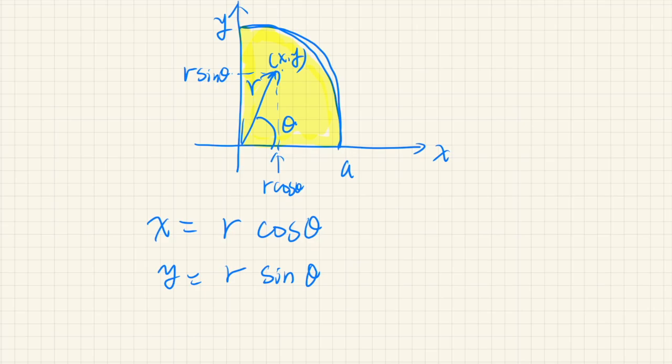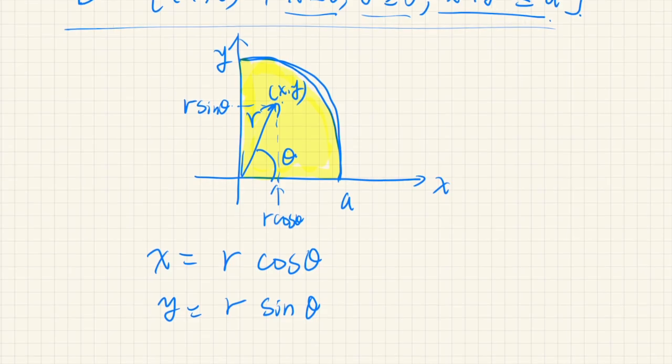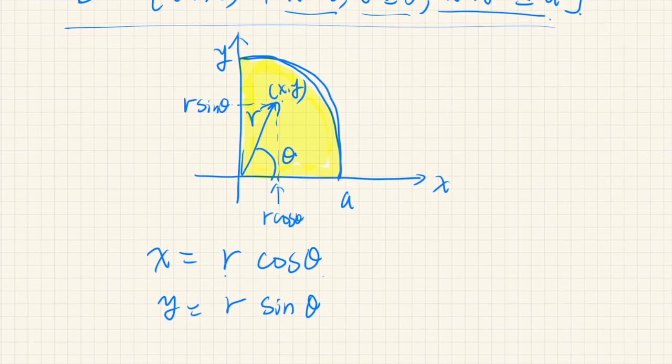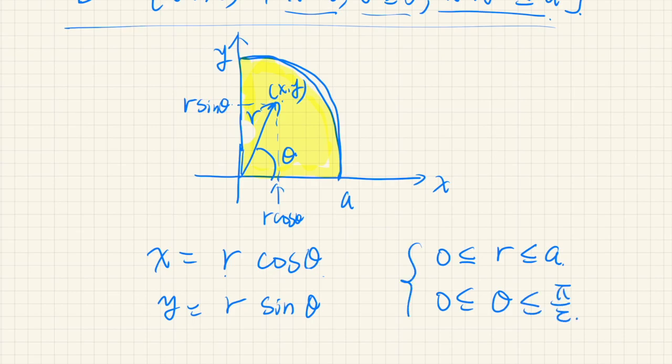So if we use these polar coordinates, then the ranges of r and theta are the following. r is between 0 and a. And theta is between 0 and pi over 2.